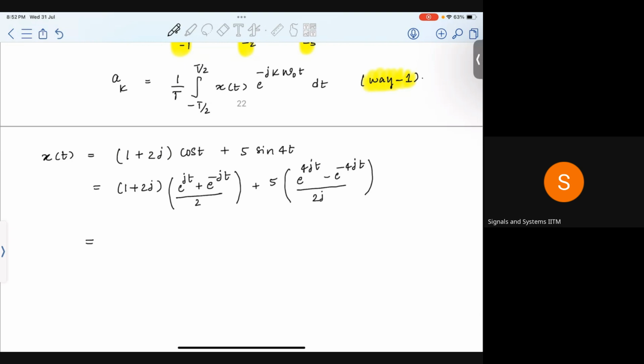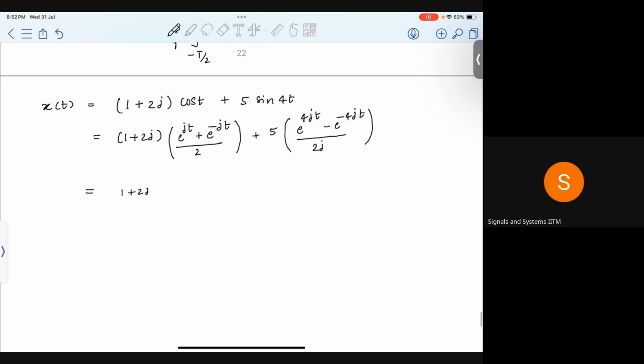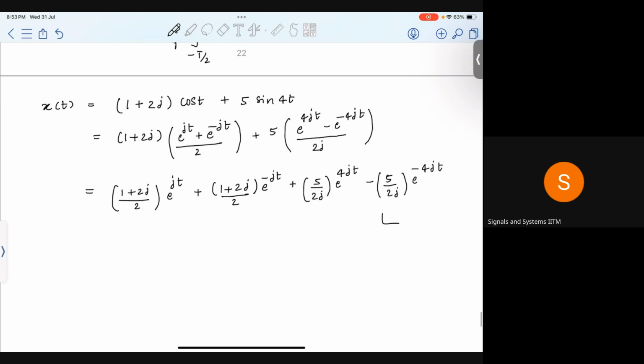So when you split and write, this is 1 plus 2j by 2 e power jt, 1 plus 2j by 2 e power minus jt, plus 5 by 2j e power 4jt. Let me call this triple star. So this is another form of x of t.